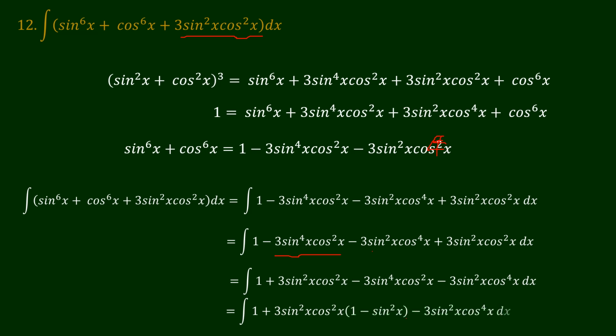And we know from the identity here of sine squared x plus cosine squared x equal to 1, this now implies that this term in bracket is the same as cosine squared x. So multiplying cosine squared x by this cosine squared x, we get cosine to the power 4x, which means that this entire term is the same as this entire term after the negative sign. So essentially these two terms cancel out.